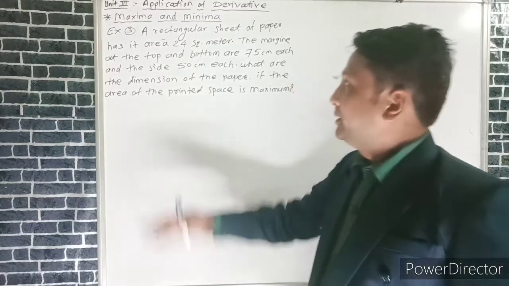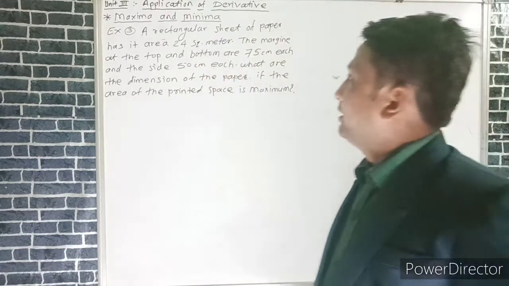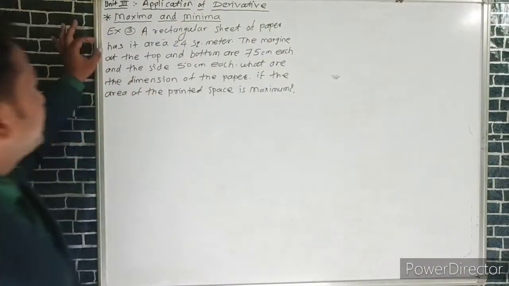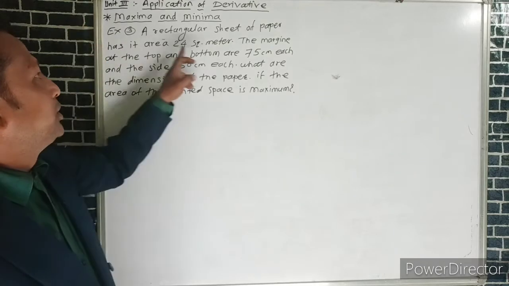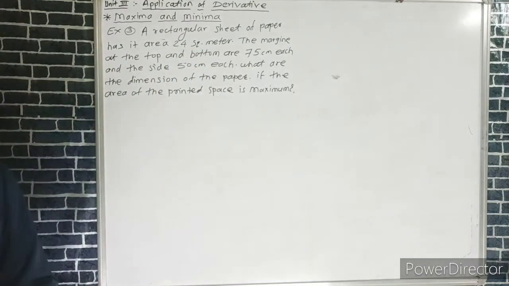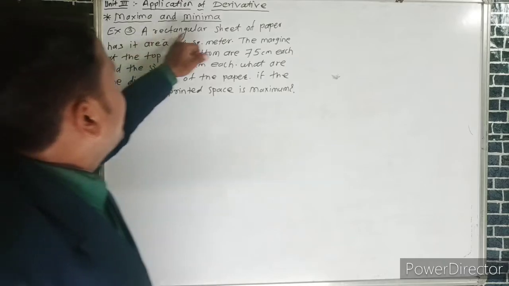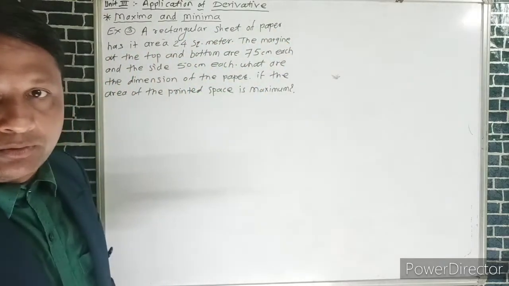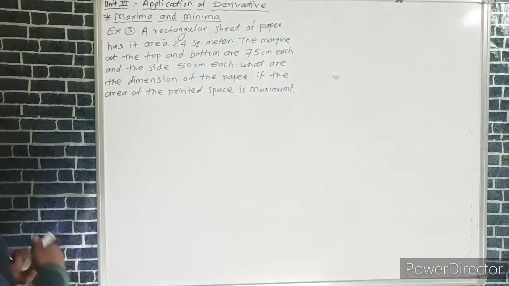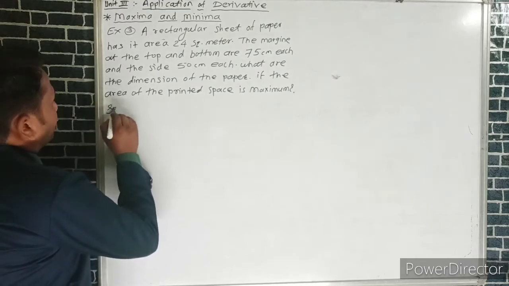Example number 3: a rectangular sheet of paper has an area of 24 square meter.